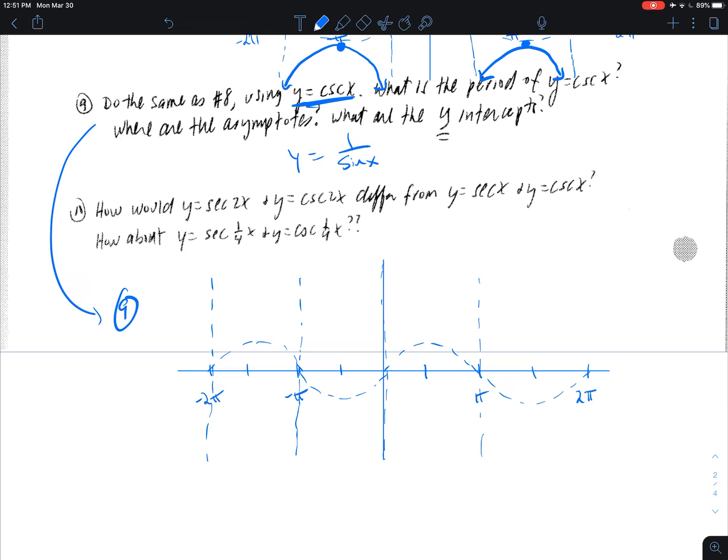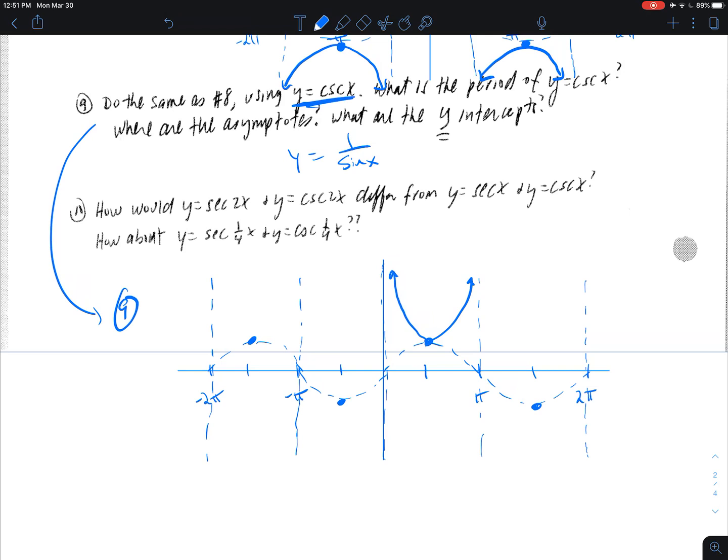So the asymptotes are actually in the same place as the cotangent graph. And just like secant and cosine, cosecant and sine have these points where they are equal. Negative 3 pi over 2, negative pi over 2, pi over 2, and 3 pi over 2. They all equal 1.